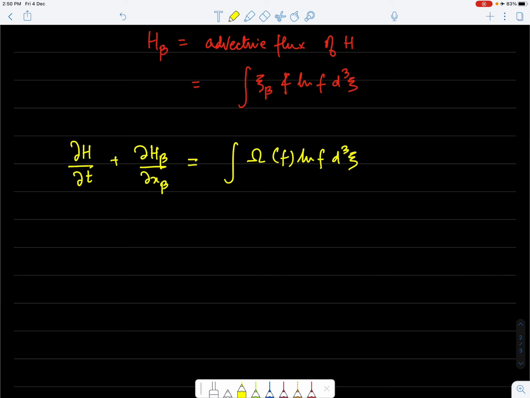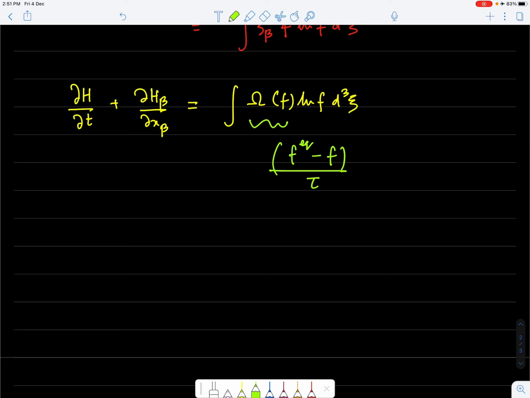Now to take it a little further, I am going to take a very special form of the collision operator that is essentially what we have been using throughout this course. So I will choose omega f to be equal to (f equilibrium minus f) by tau.